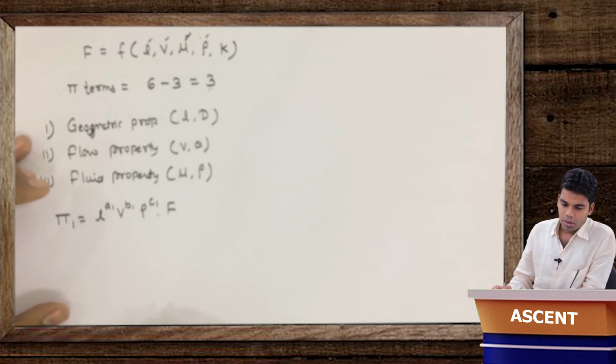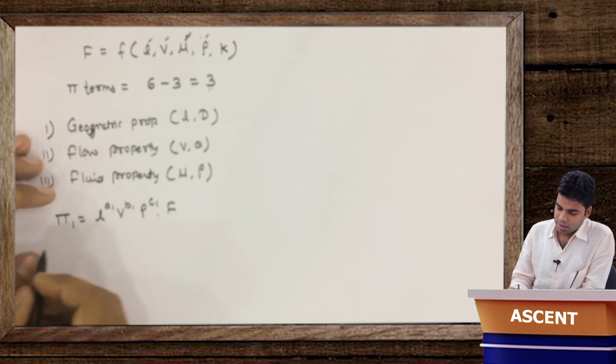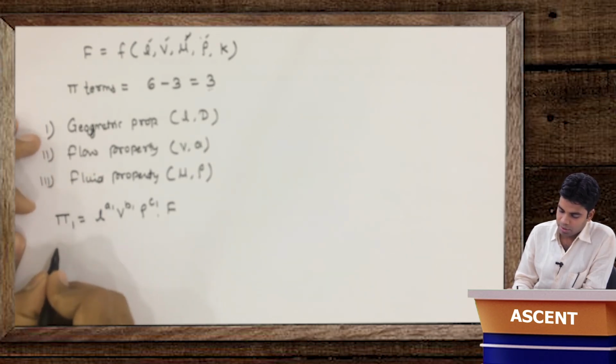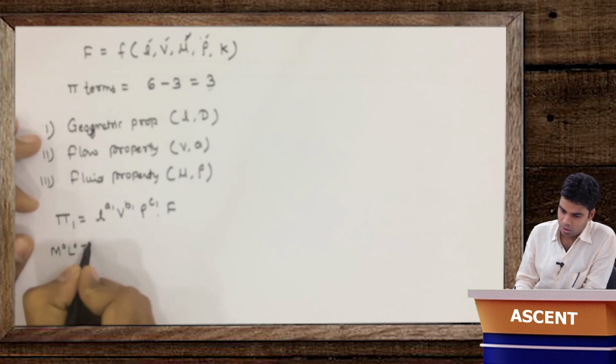Now this can be written further. The dimensional formula, as we know, for all these: pi is a dimensionless quantity, so this can be written as M^0 L^0 T^0.